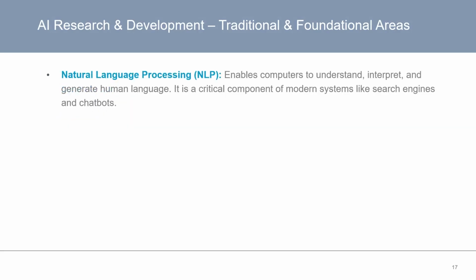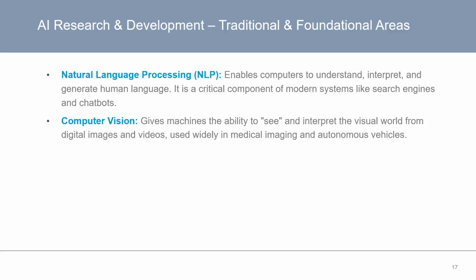Other traditional and foundational areas of AI research and development include natural language processing, which enables computers to understand, interpret, and generate human language. It's a critical component of modern systems like search engines and chatbots. There's also computer vision, which gives machines the ability to see and interpret the visual world from digital images and videos, used widely in medical imaging and autonomous vehicles.